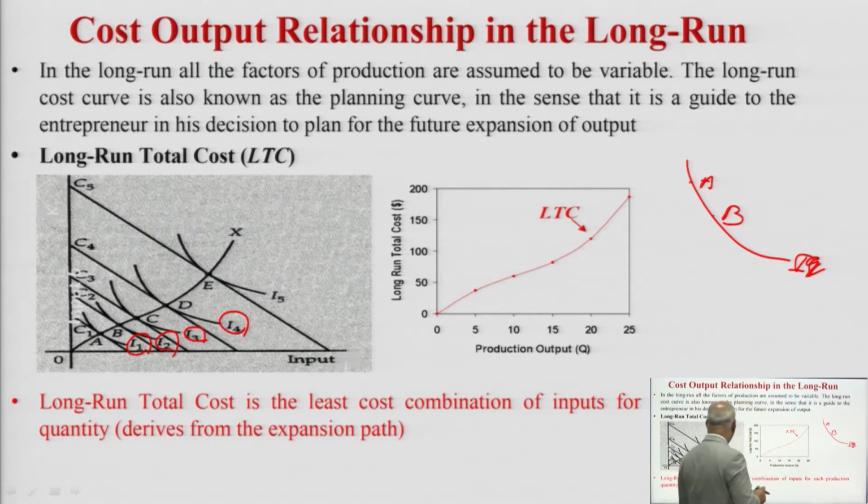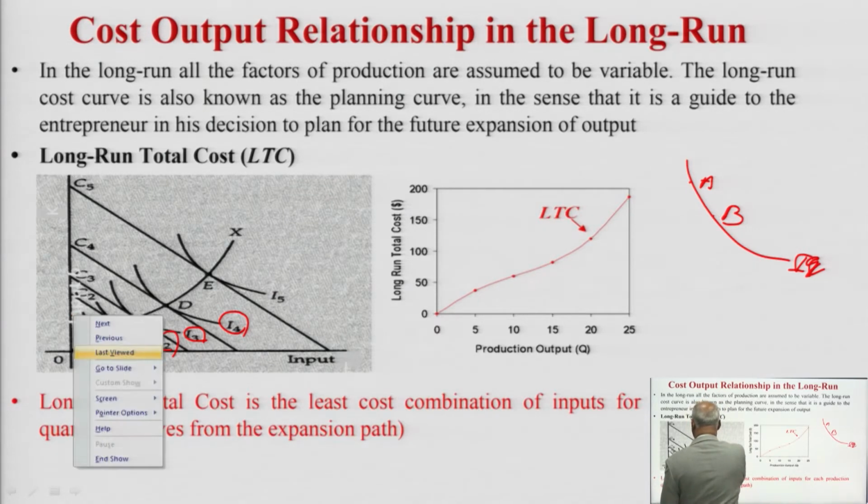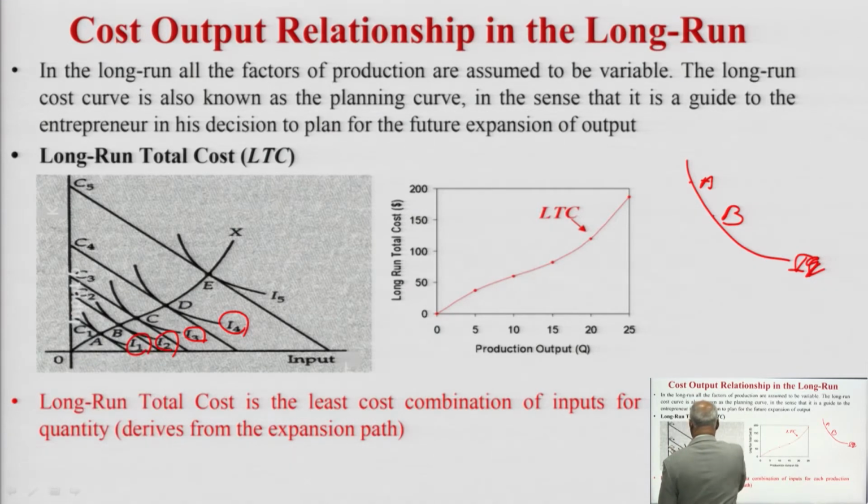And there is also a set of budgets, that means the isocost line, you will also find. Which are the isocost lines? The isocost line is this, and the isocost line again is this. It is the straight line that you are seeing in this slide.